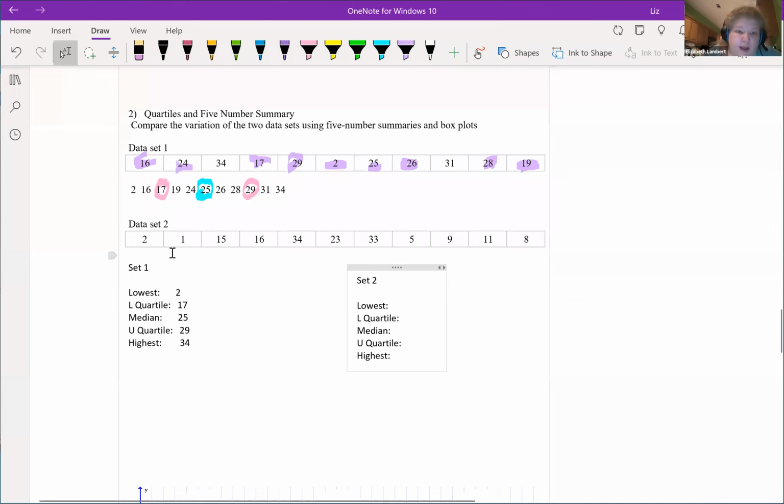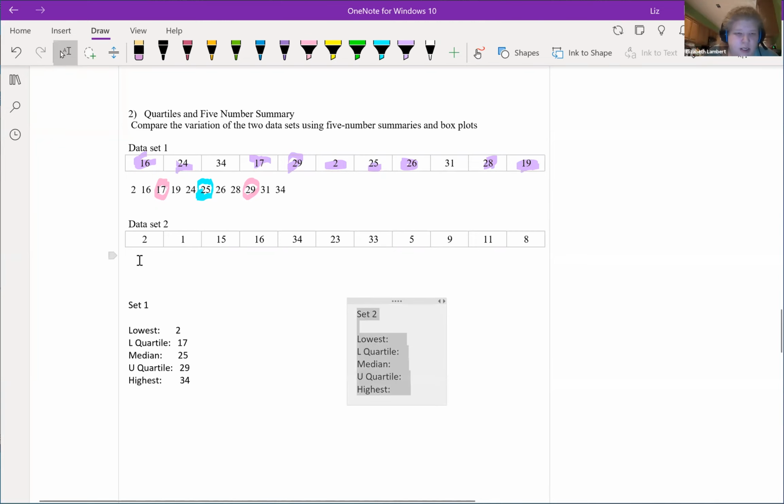Oh, now I have to actually write up set number 2. Let's just scoot that down. Okay. So I see 1 and 2.